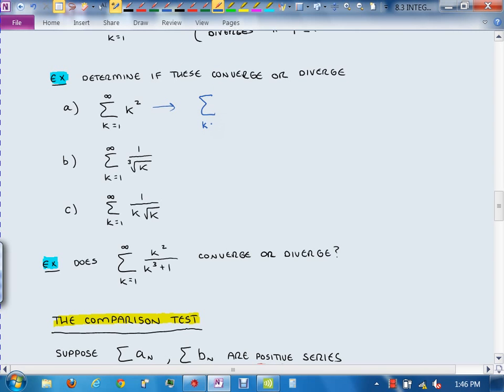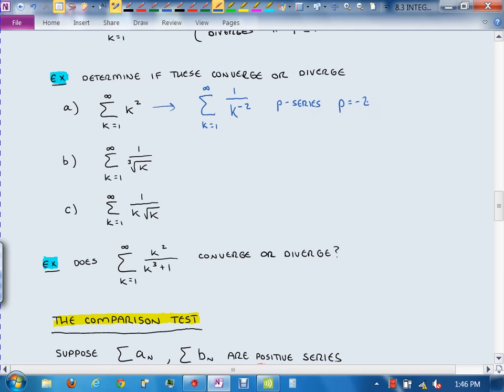You have the sum from k equals 1 to infinity of what again? 1 over k to the negative 2. So all you did was drop that k squared down as negative 2, right? That's the same. Now, does that look like a P series? With p being what? This is a P series with p equal to negative 2.